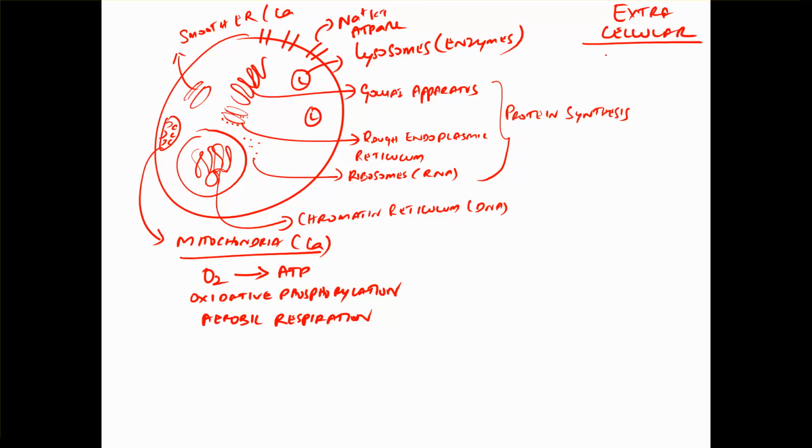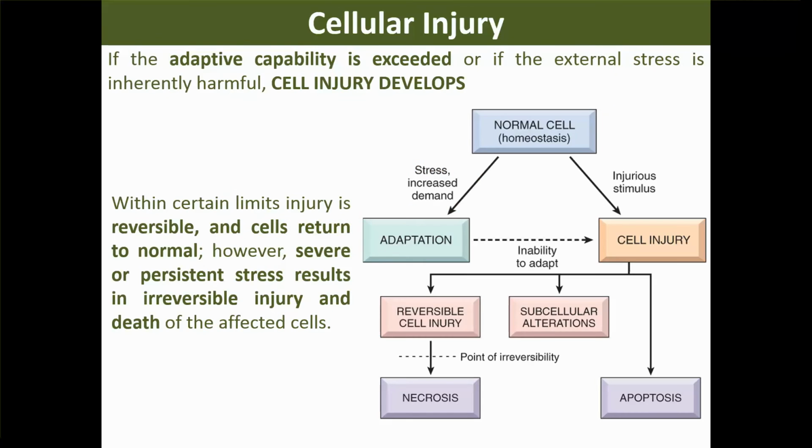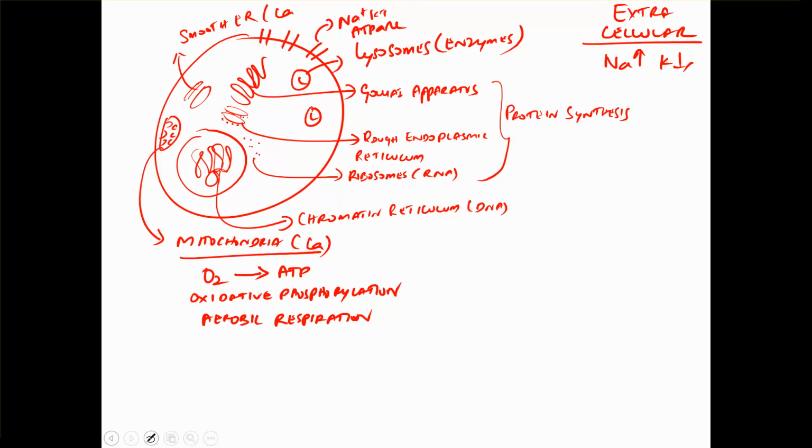In the extracellular environment, sodium is more and potassium is less. Intracellular, sodium is less and potassium is more. This is maintained with the help of the sodium potassium ATPase channel, which needs ATP. This ATP comes from the mitochondria, so that the cell survives.